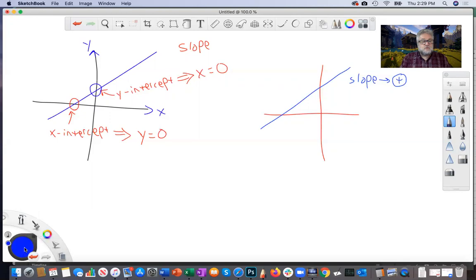If the line is downhill from left to right, the slope is negative. So uphill from left to right, positive slope. Downhill from left to right, negative slope. Important to remember. Okay?